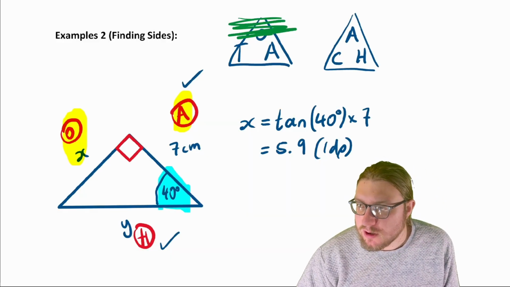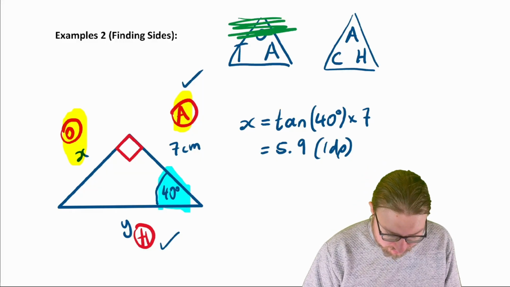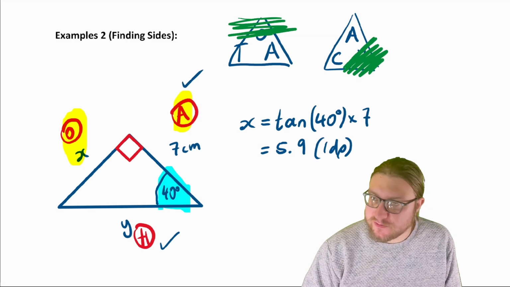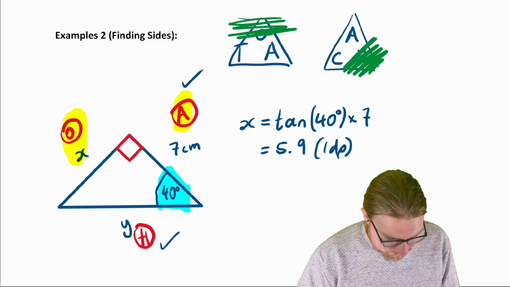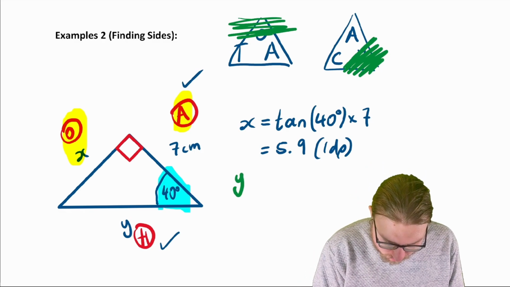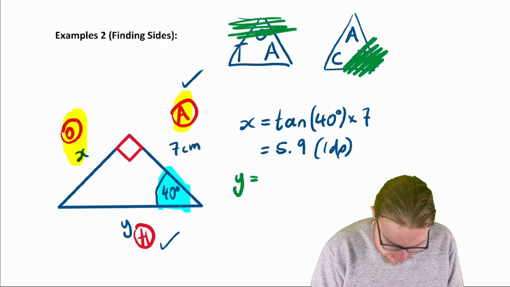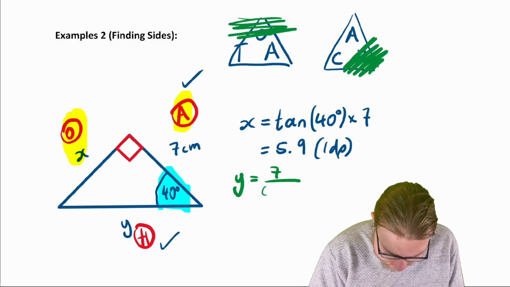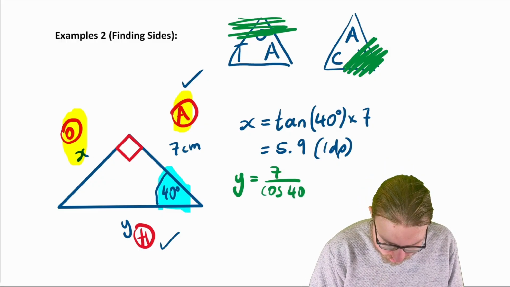So if we now figure out that we want to find the hypotenuse, we cover that up with our finger, and we have A over C left. So we can now write y is equal to A, which is the adjacent, 7, divided by C, and C stands for the cosine of the angle.